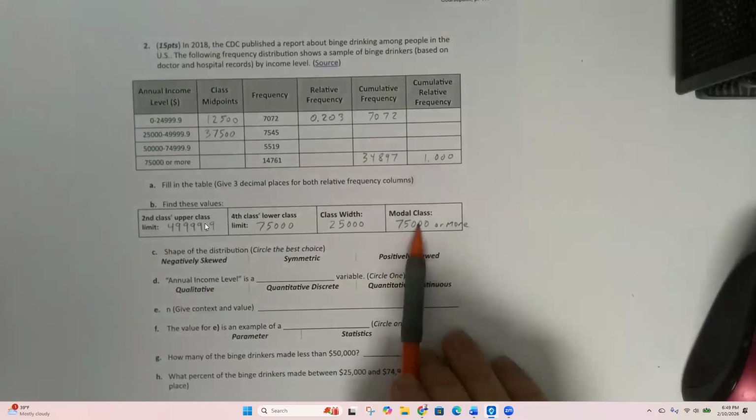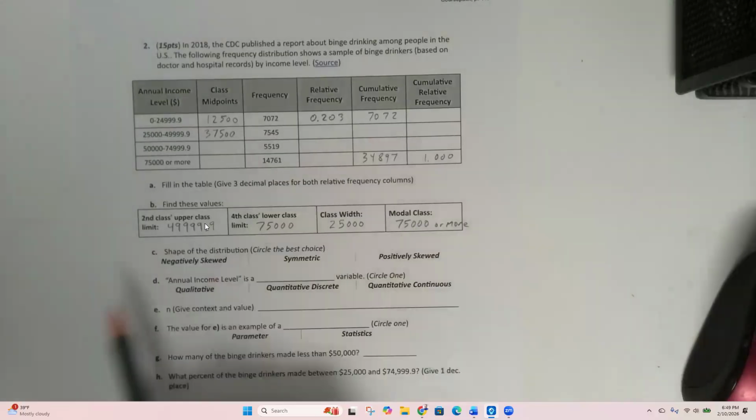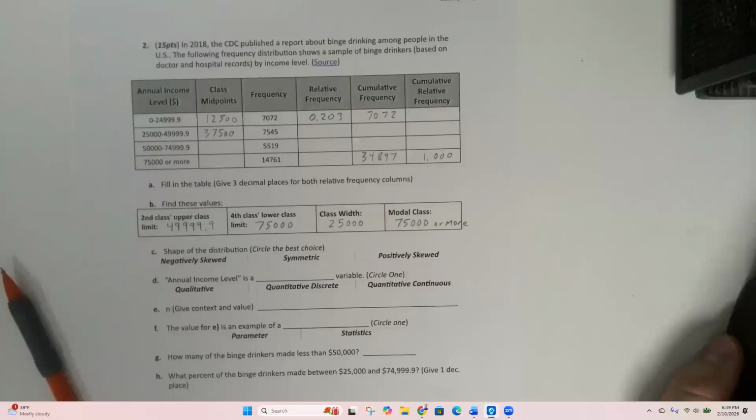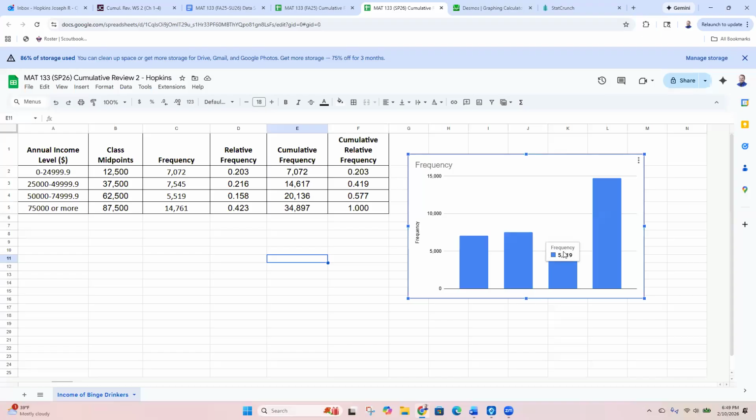All right, shape of this distribution. What do you guys think? Skew left, skew right, or symmetric? I got a right and a left. Someone needs to break the tie. Skew left, yeah. So we got this big bar right here.